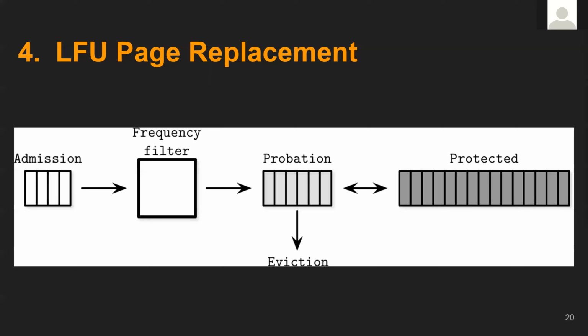Just like in this diagram, the protected queue can use LRU, and the frequency filter queue can also use LRU. But there is a ratio that some of the LRU are protected, and some of the LRU are just easy to vanish. So in a real database, it's sometimes using a combination of LFU and LRU.